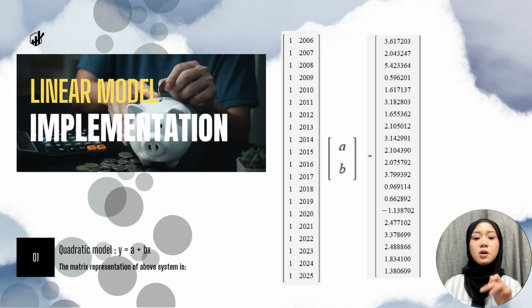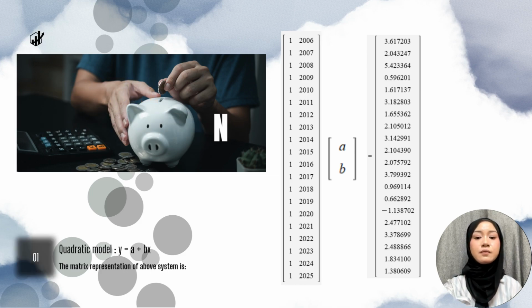The first column consists of ones, and the second column contains the value of x, which are the years, which represent the linear term. On the right side is the vector y, which contains the observed inflation rate values. These matrices form the basis for constructing the least squares normal equation used to determine the best fit linear curve.